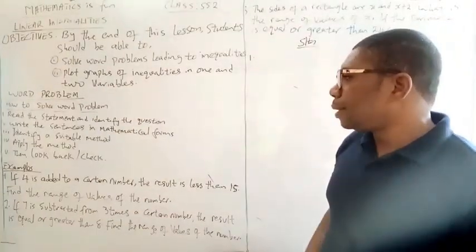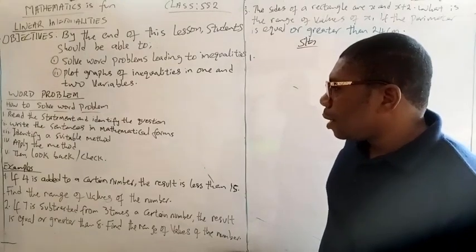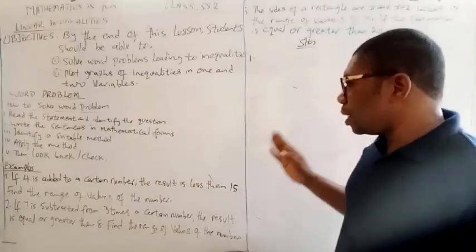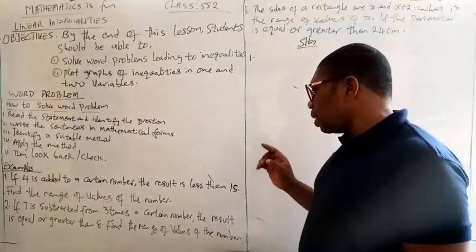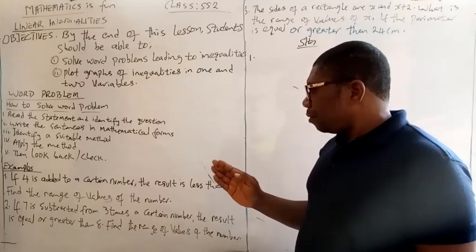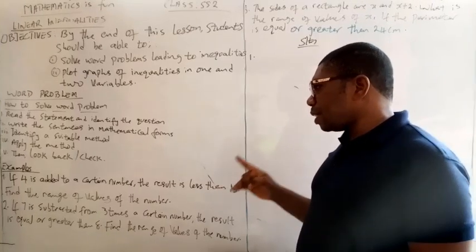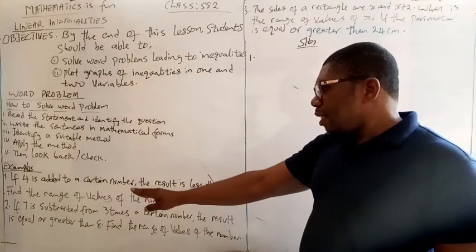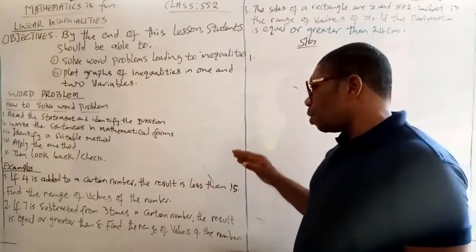Example number 1. If 4 is added to a certain number, the result is less than 15. Find the range of values of the number.